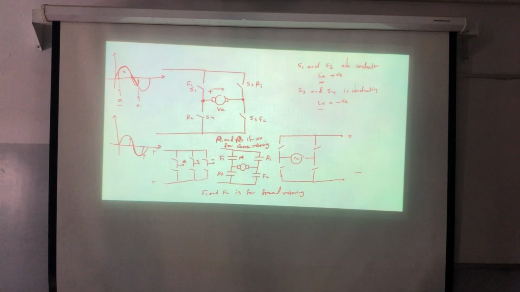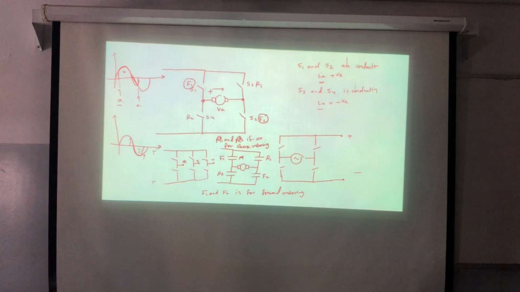If alpha is greater than 90, then this area here will be higher than the area here, so the voltage is negative. F1 and F2 operate in Q1 and Q4, meaning forward motoring and reverse braking.